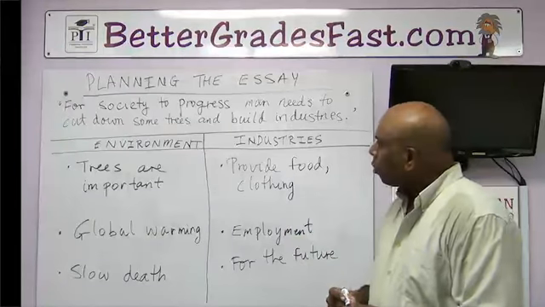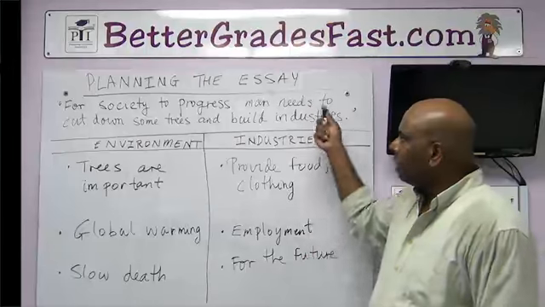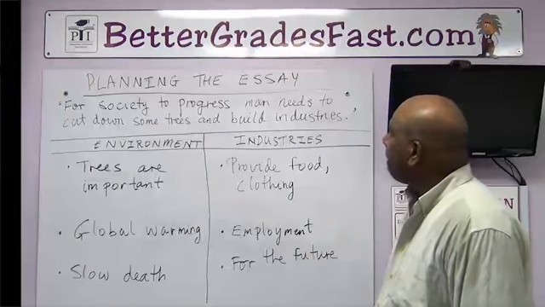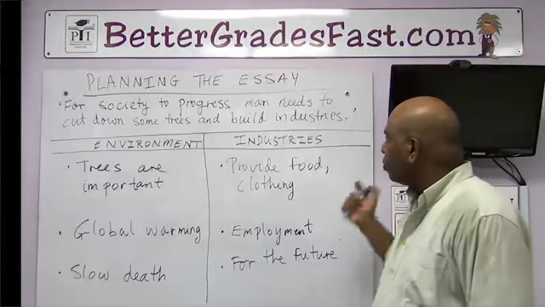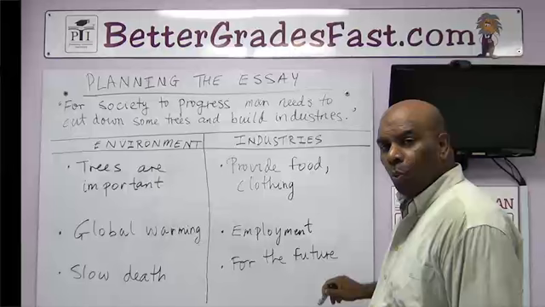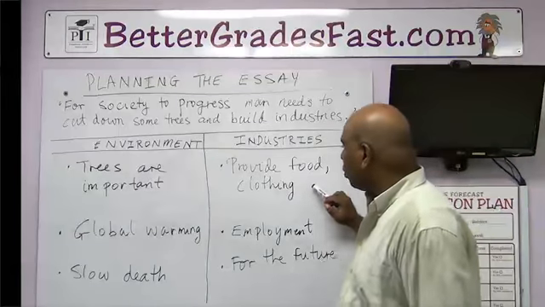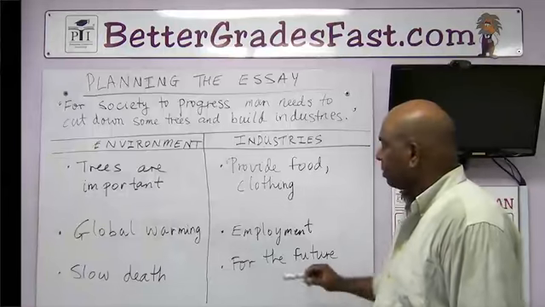Okay? So what we have done today, we have looked at our question. For society to progress, man needs to cut down some trees and build industries. And we have taken two sides. One side, we agree why we need industries, because they provide clothing, provide employment, it helps for the future.